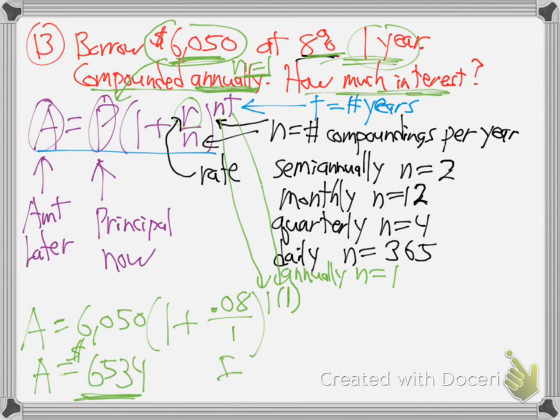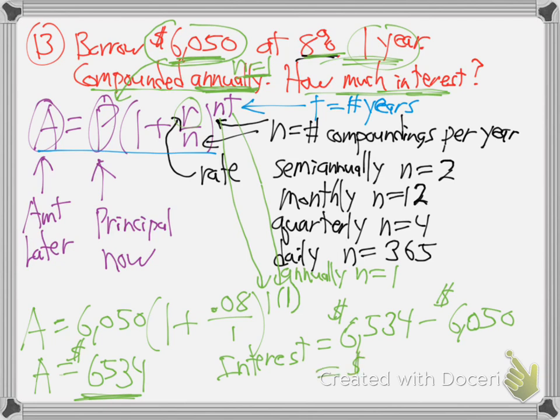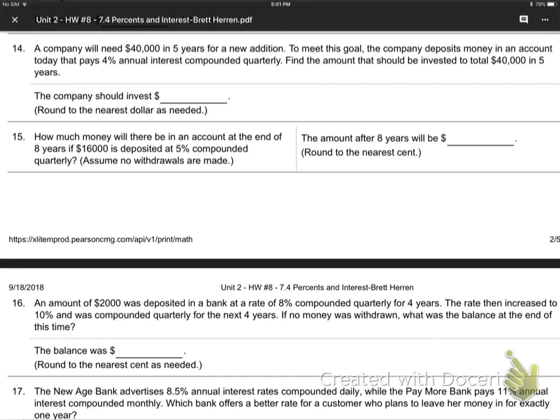So the interest then will be the difference, won't it? The interest will be the $6,534 minus the $6,050. If you subtract those, you get $484. That's the interest.